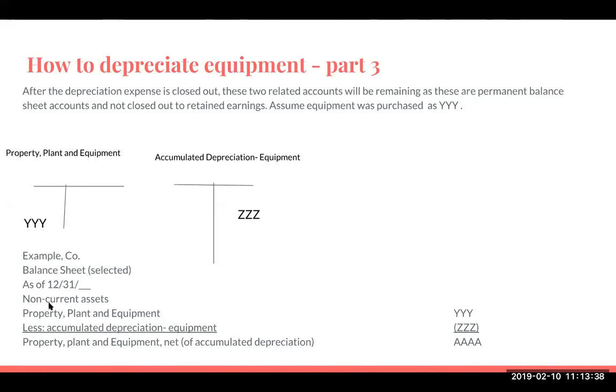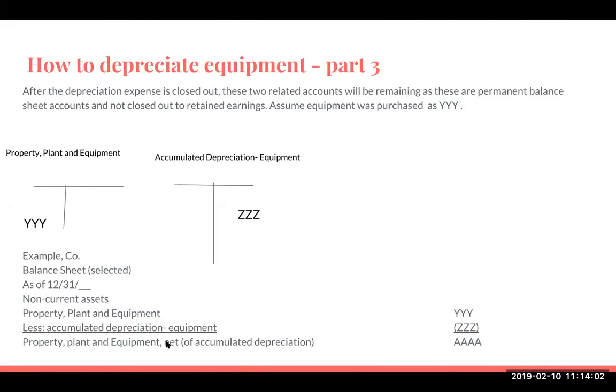It means the property, plant, and equipment net of accumulated depreciation. If you look at most companies' balance sheets, they'll just show property, plant, and equipment net. Sometimes they will show the full amount of the accumulated depreciation. It just depends on how significant the numbers are. But again, right over here, property, plant, and equipment net.